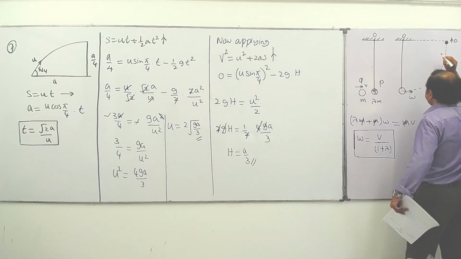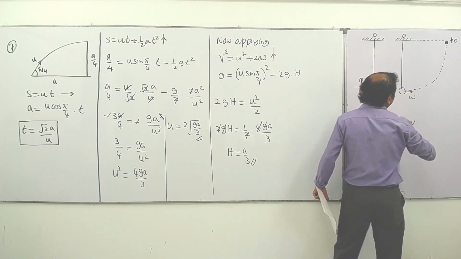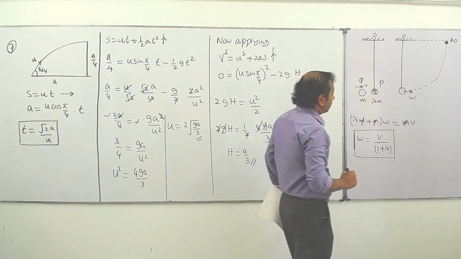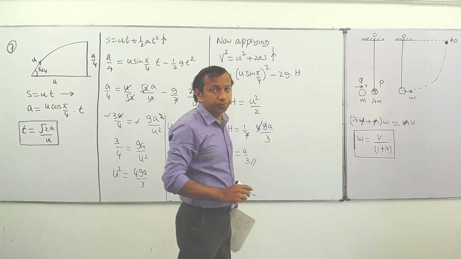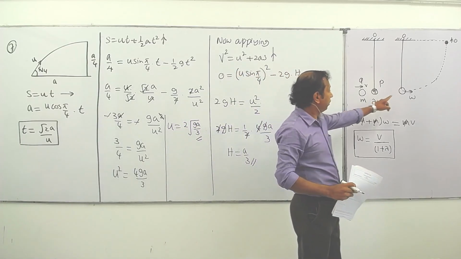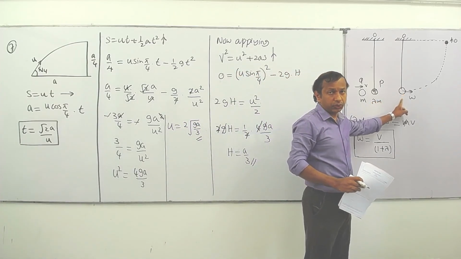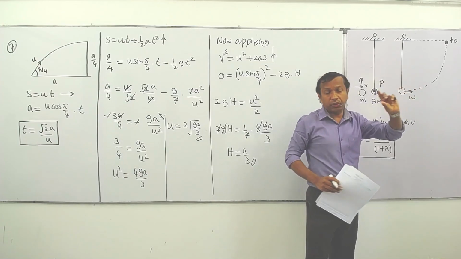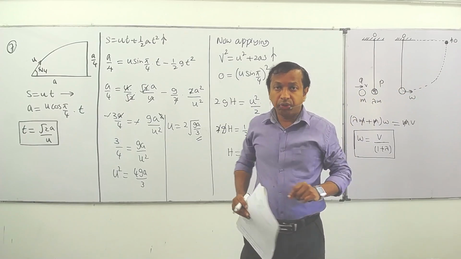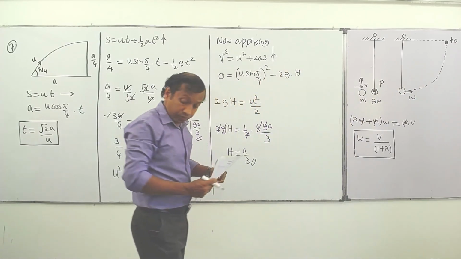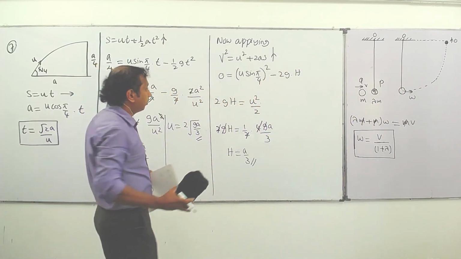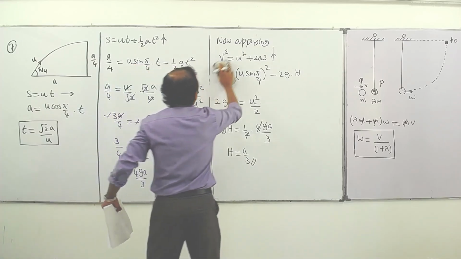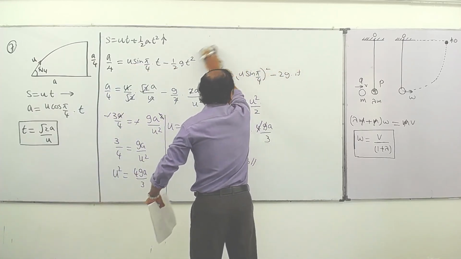Right. Now, we can apply here conservation of mechanical energy. Here, total kinetic plus potential energy should be equal to, at that point, total kinetic and potential energy. Right. And then we can get that answer by applying conservation of mechanical energy.